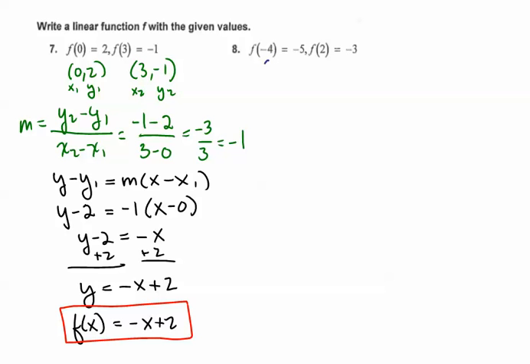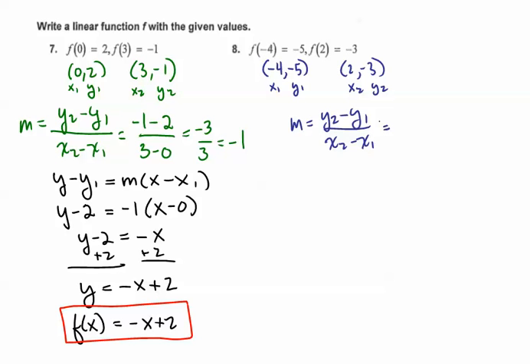Similarly, for problem number 8, I'm going to write the points negative 4, negative 5, and 2, comma negative 3, x1, y1, x2, y2. M is equal to y2 minus y1 over x2 minus x1. y2 is negative 3 minus negative 5 over x2 is 2 minus x1 is negative 4.